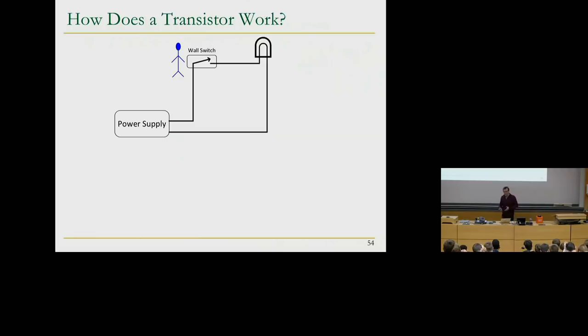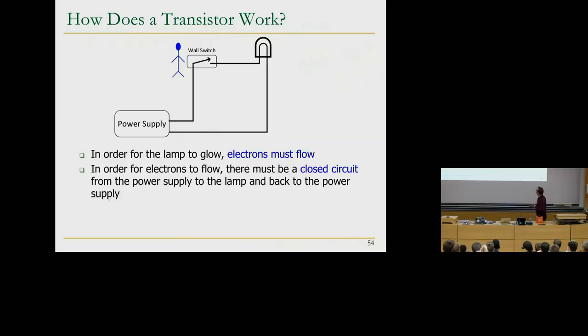Okay, how does the transistor work? Again, abstraction level is like a wall switch, right? This is our bulb, and we have wall switch, and if you go and press the button over there, your power supply gets connected to the bulb, and for the lamp to glow, you actually need to connect the power supply to the bulb.